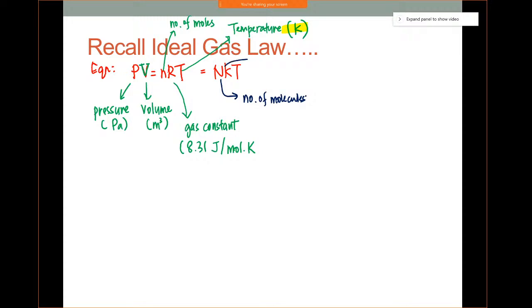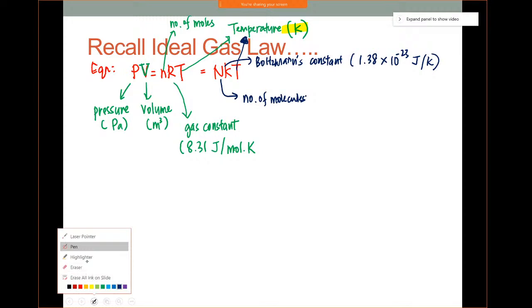The small k is the Boltzmann constant, 1.38 times 10 to the power of negative 23 joule per Kelvin, and this capital T is temperature. For our case, usually we will use the first form only, PV equals nRT, as our ideal gas law equation.